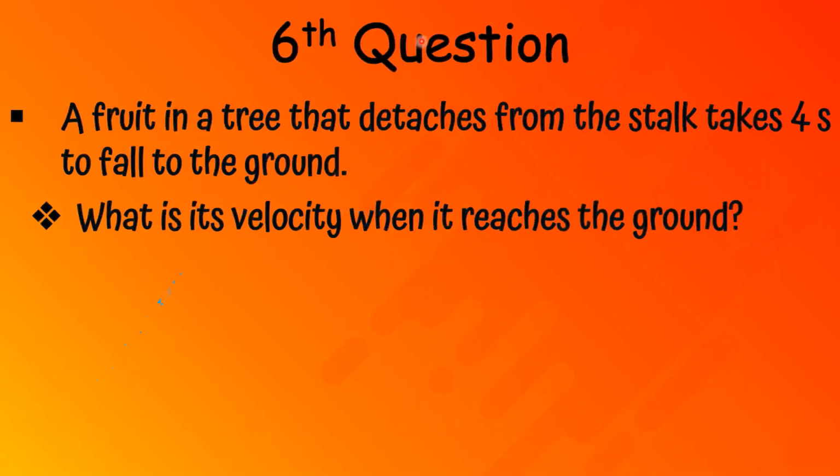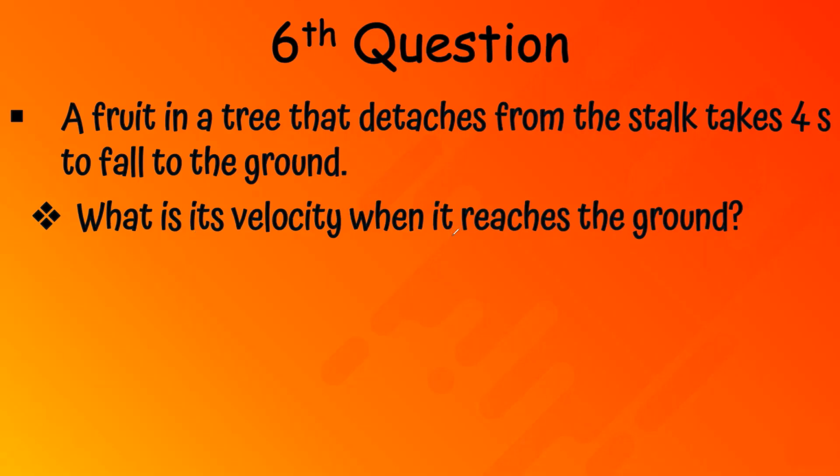So this is our last question, sixth question. We need to find the answer according to the knowledge of the gravitational acceleration part. A fruit in a tree that detaches from the stalk takes 4 seconds to fall to the ground.